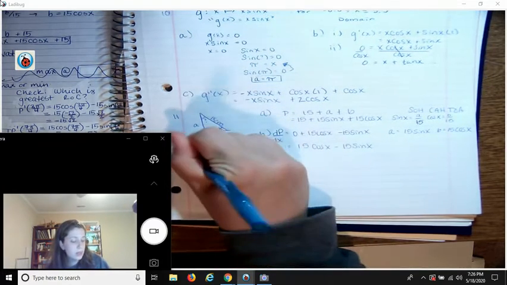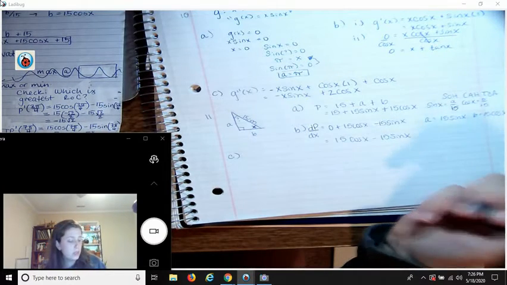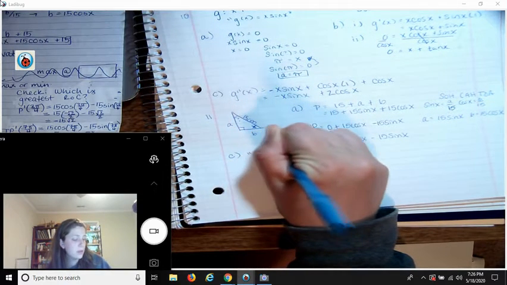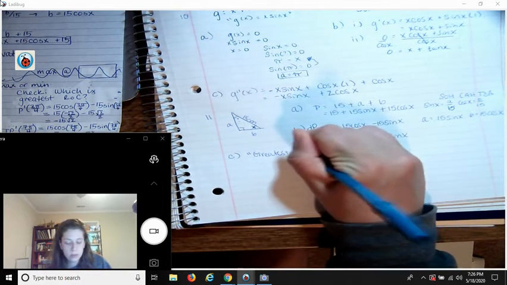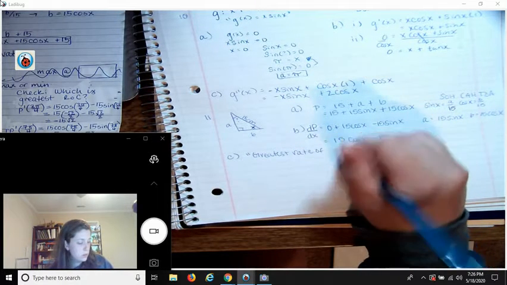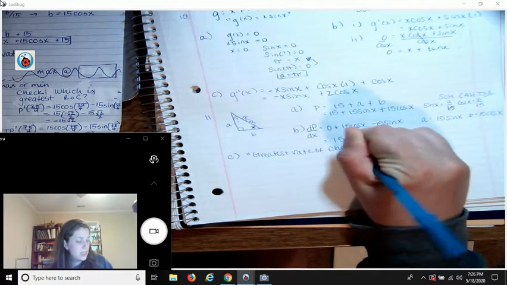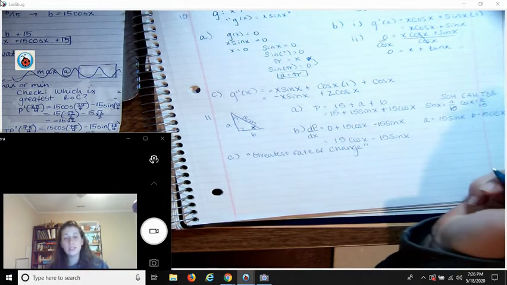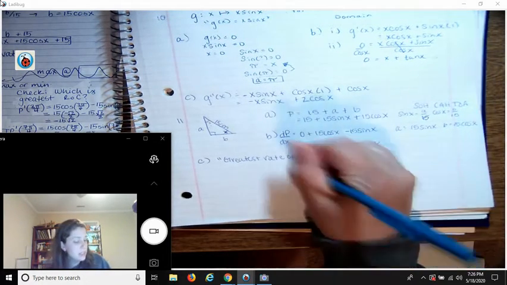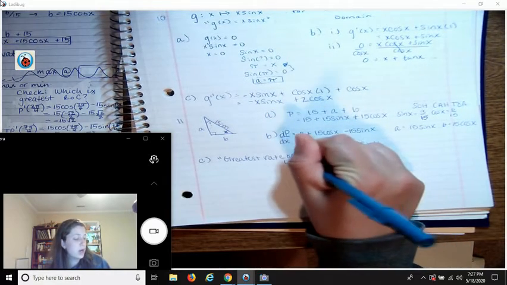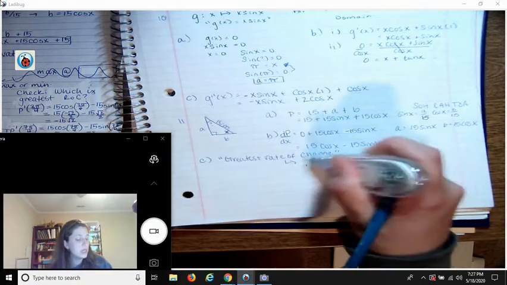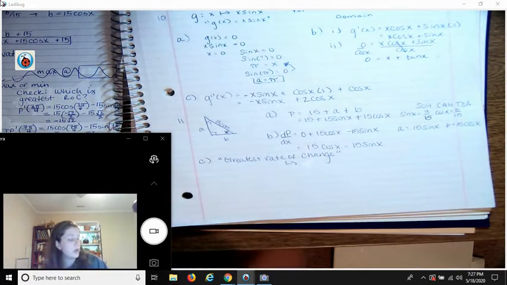So I'm going to bring it to part C down here. This is kind of the same as what is in the problem, just reworded a little bit. We're looking for the greatest rate of change, and this means that we're looking for a max or min of the function that changes perimeter as we go.